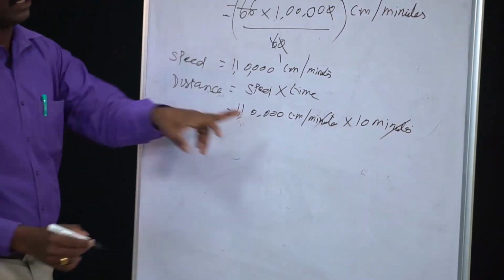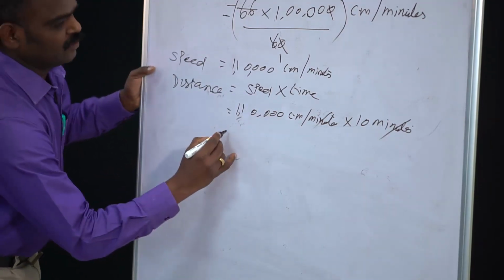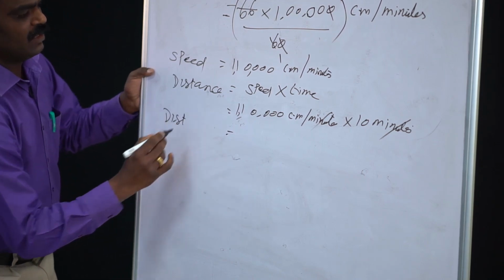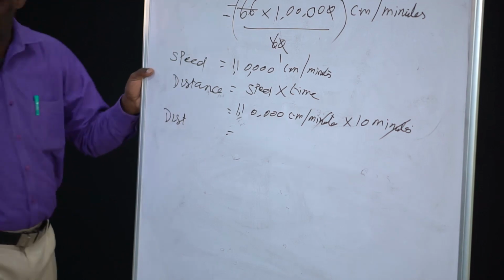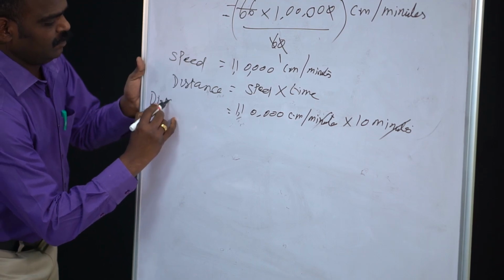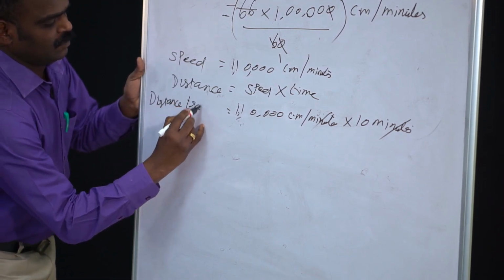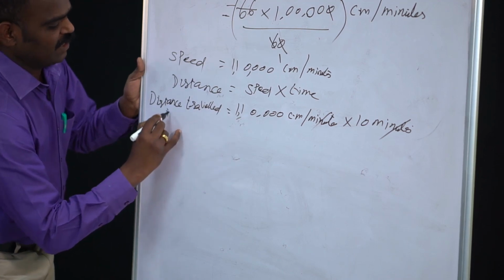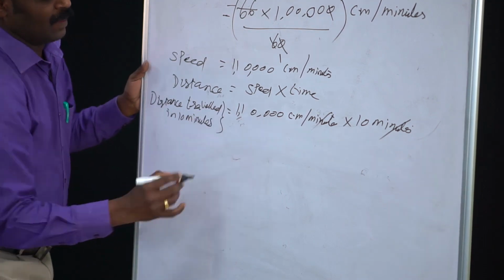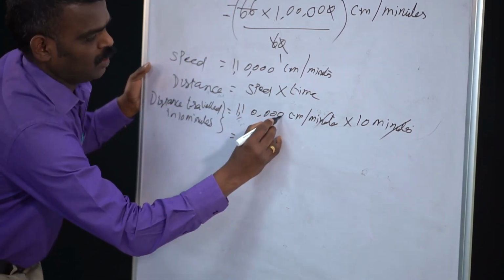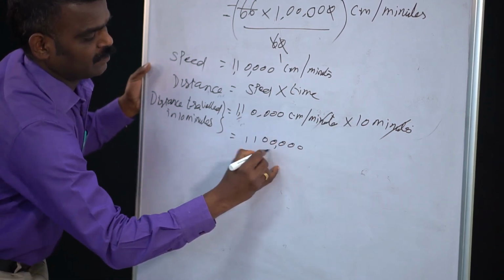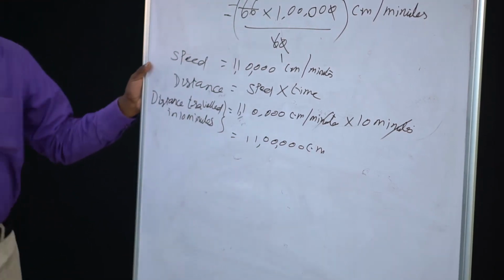Minutes and minutes cancel because it is a divide, right? It will be at the bottom. So how much? Distance travelled in 10 minutes. One, two, three, four, and here 1. 1, 2, 3, 4, 5. This much distance it travelled.